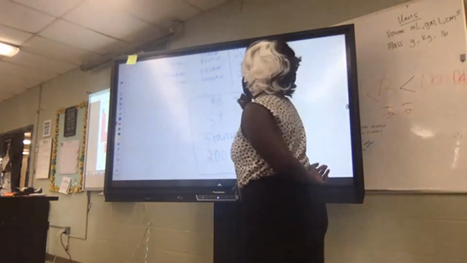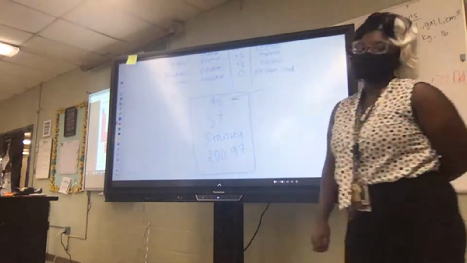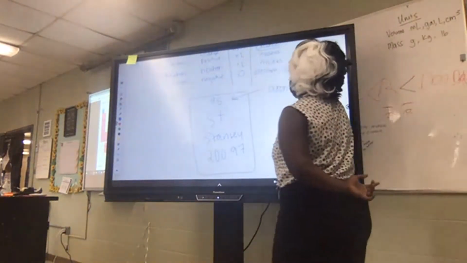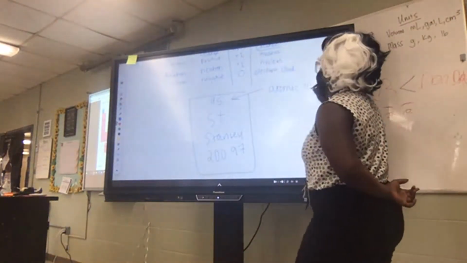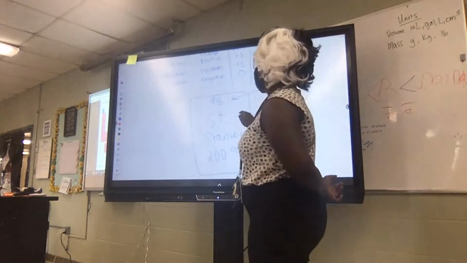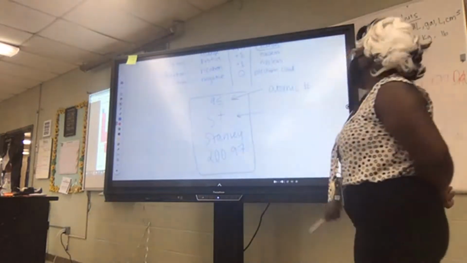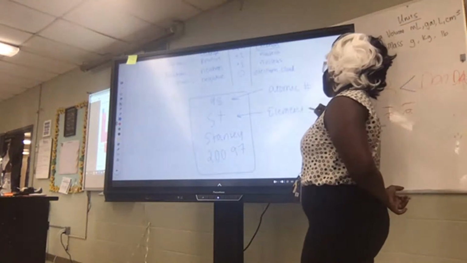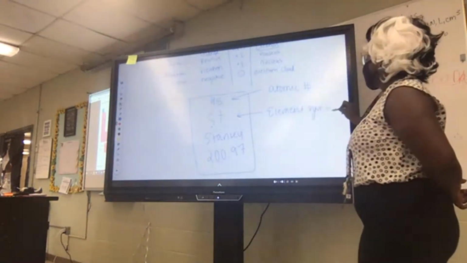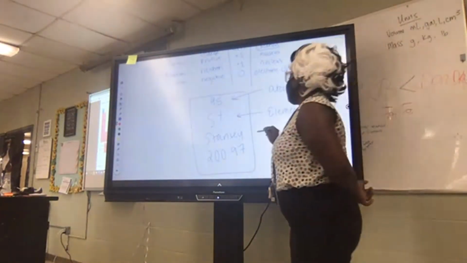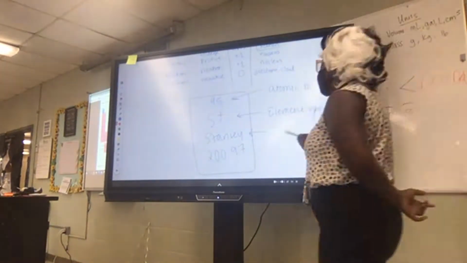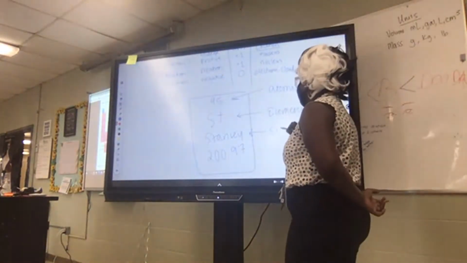This 95 at the top is called the what? Anybody know? Atomic number. Good job. This ST is called the what? This is the element symbol. Good. The name Stanley, that is going to be your element name.